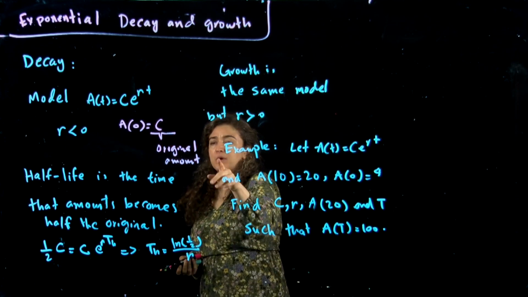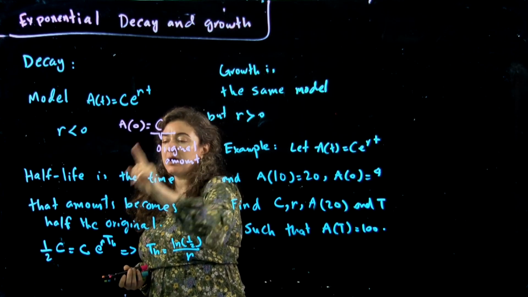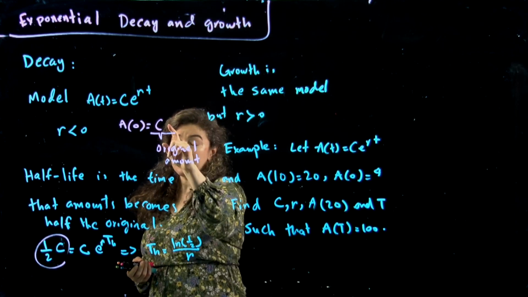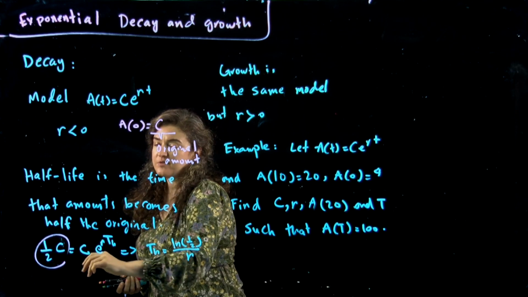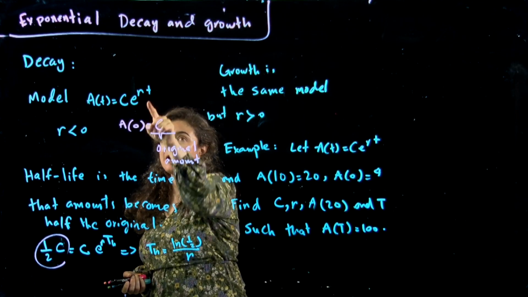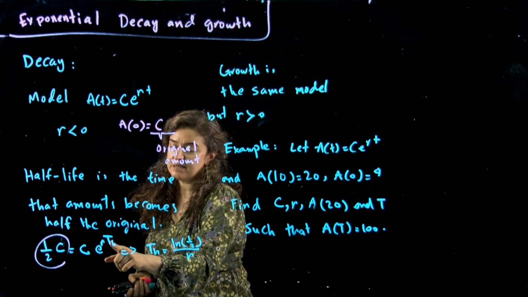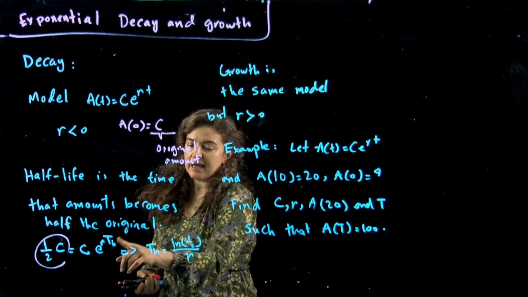And what this is saying is that half-life is when the amount becomes 1/2 of the original amount. So 1/2 of c, and then plug in the half-life, and you get c e^(r t_h).